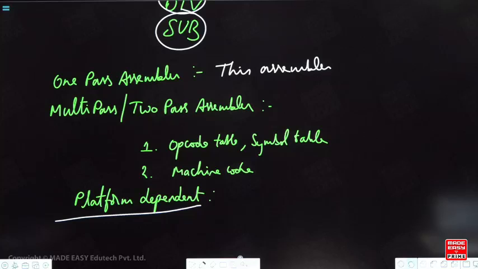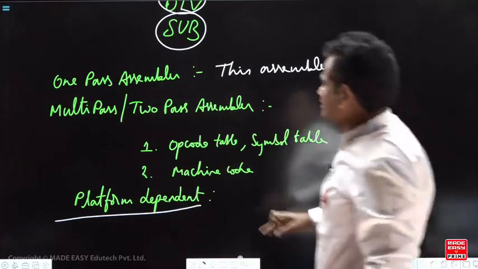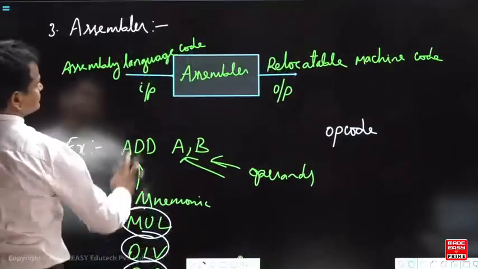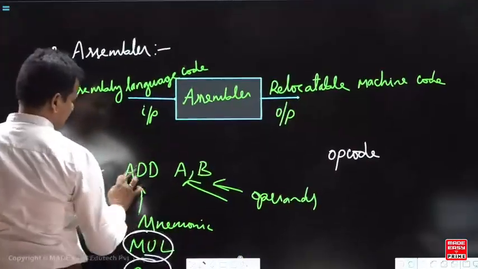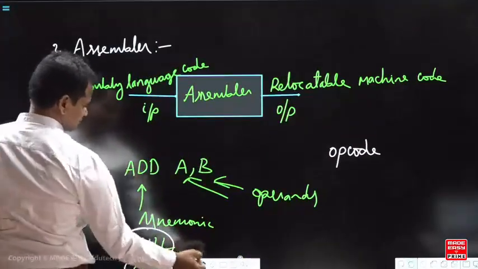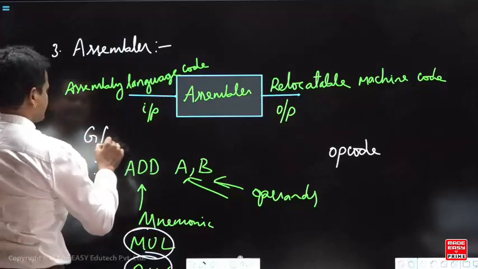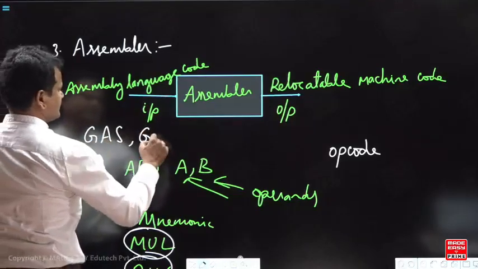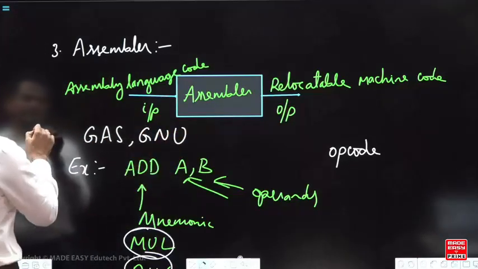So this is all about assembler. Examples for assembler are GAS and GNU.